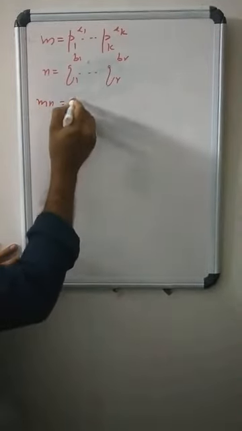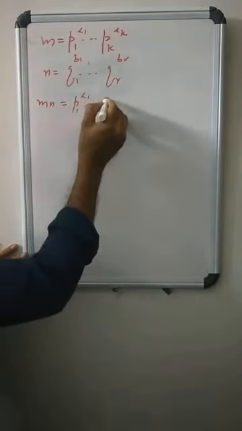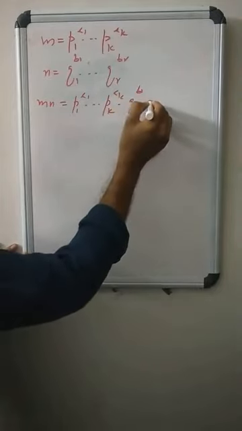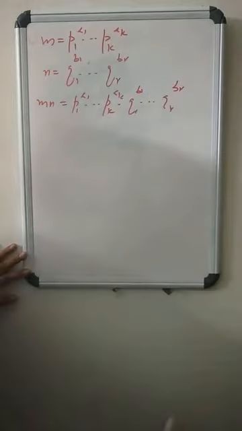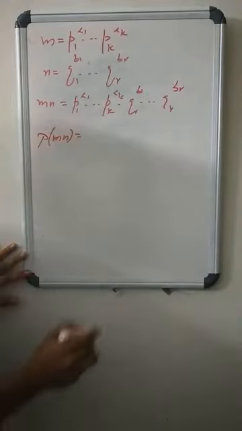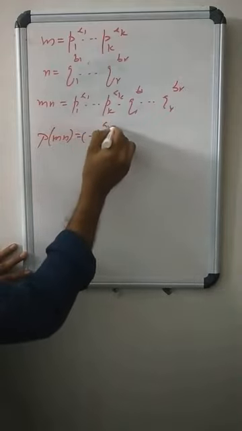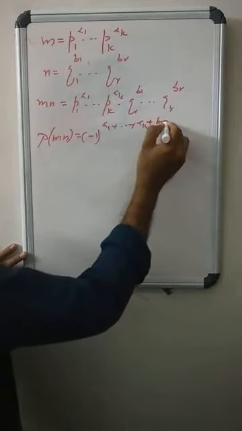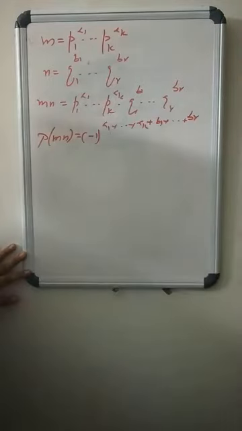The product mn equals p1 power a1, etc., pk power ak, into q1 power b1, etc., qr power br. So what is lambda of mn? By definition, lambda of mn equals minus 1 power a1 plus etc. plus ak plus b1 plus etc. plus br.